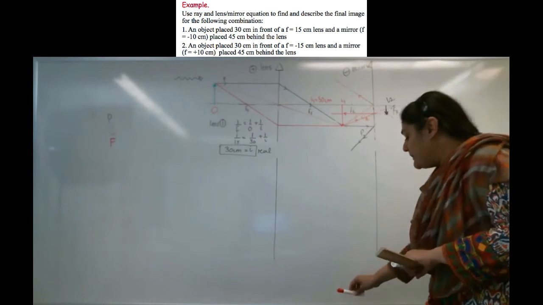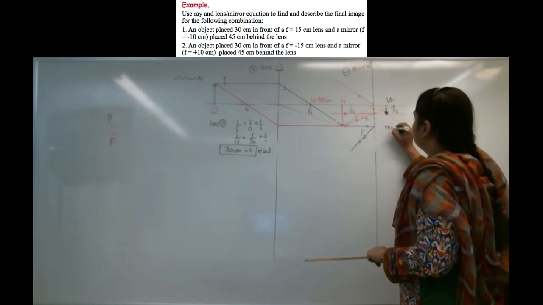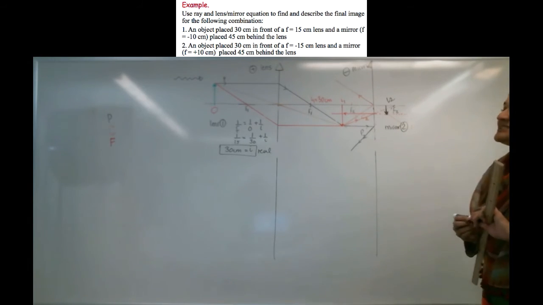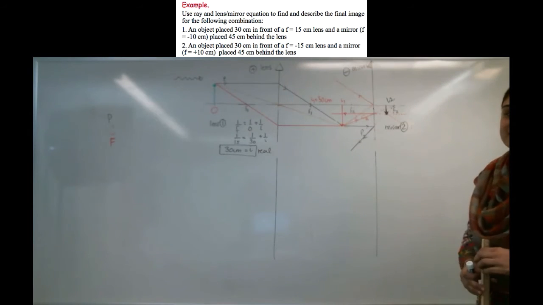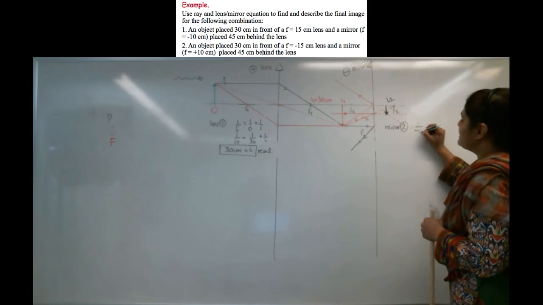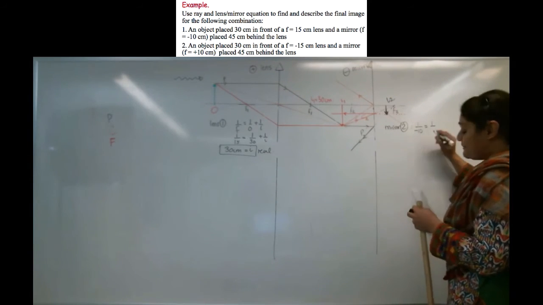Now, what about mirror 2? For mirror 2, it is going to be the same exact equation: 1 over f equals 1 over o plus 1 over I. In this case, it will be 1 over minus 10, because it's negative 10, equals 1 over the object distance.